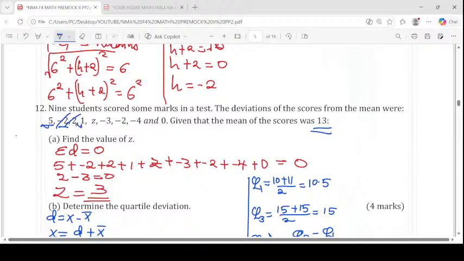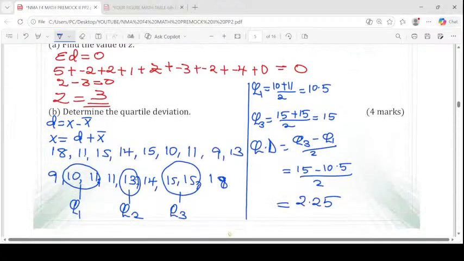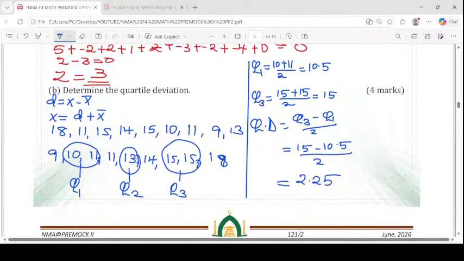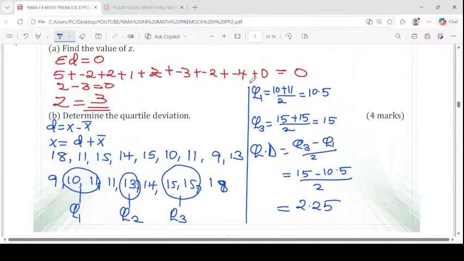This is 5 plus 1 is 6, plus negative 3 is positive 3, plus negative 2 becomes positive 1, plus negative 4 is negative 3. So 3 plus negative 3 is equal to 0. Yes, I think it's correct. We are done with that one. So you can see how you are supposed to approach that statistics 2 question.